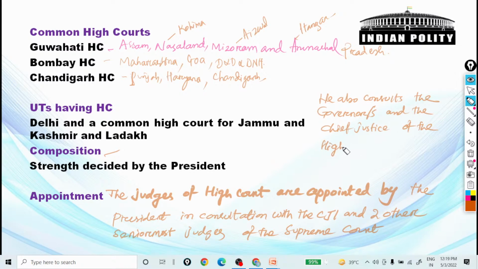But invariably we have to remember that the judges of High Courts are appointed by the President under Article 214. Okay, that is called the appointment of the judges.